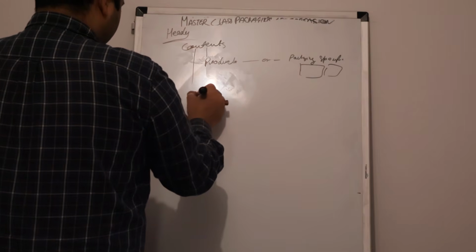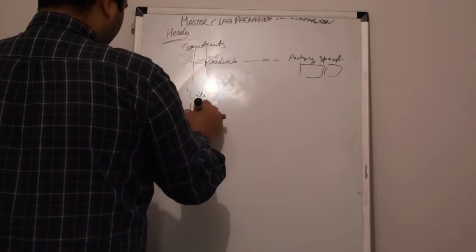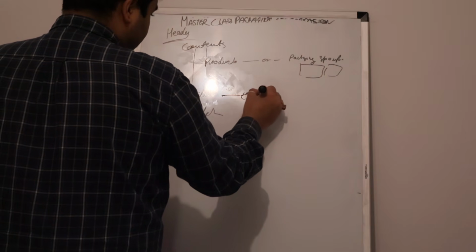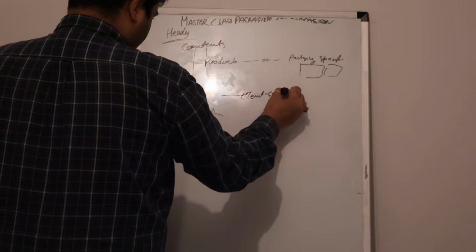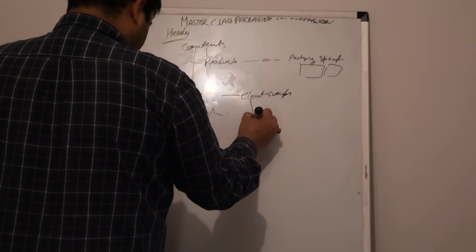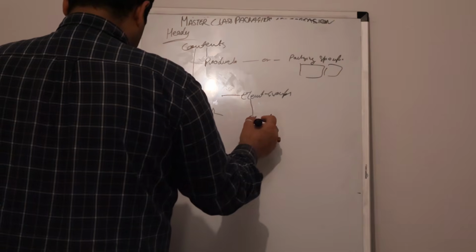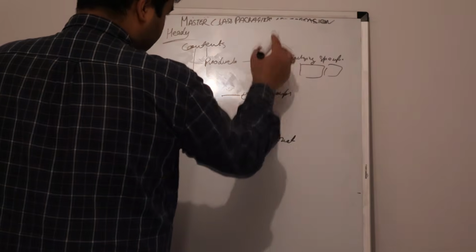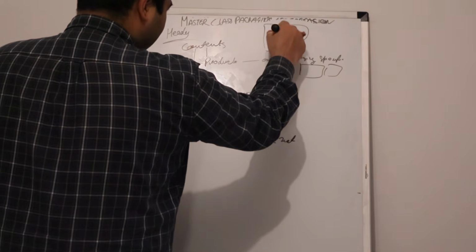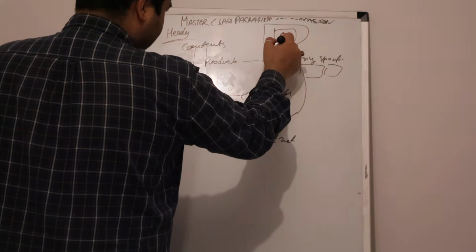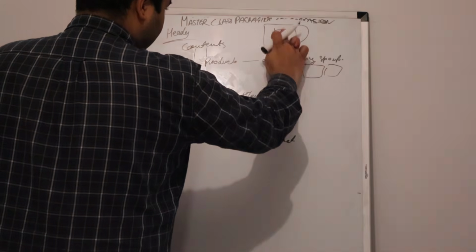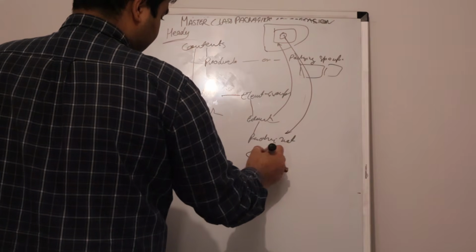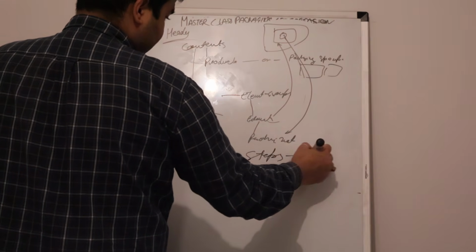Then it contains level 1, level 2, level 3. Levels contain element groups, and element groups contain elements, and elements contain packaging materials like bearings, plastic. So these are the elements. This is your packaging material. Then it contains steps. Steps means actions.